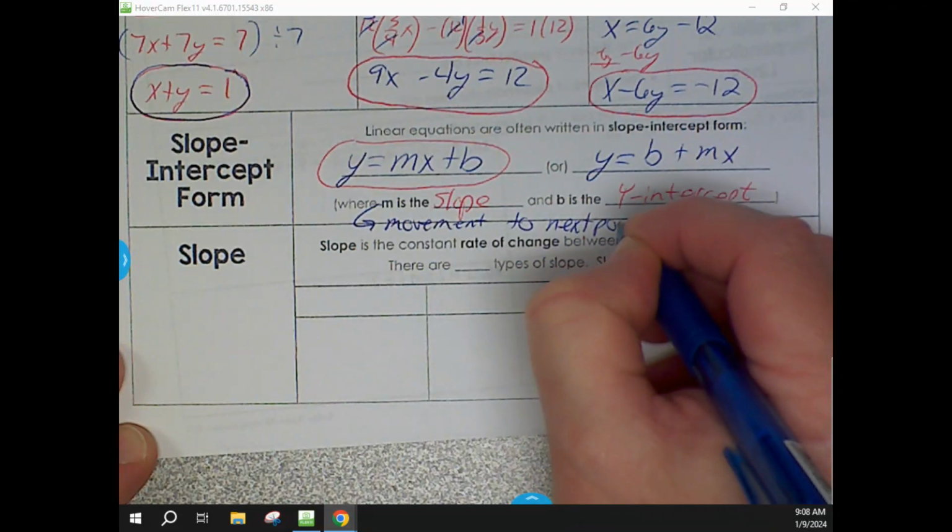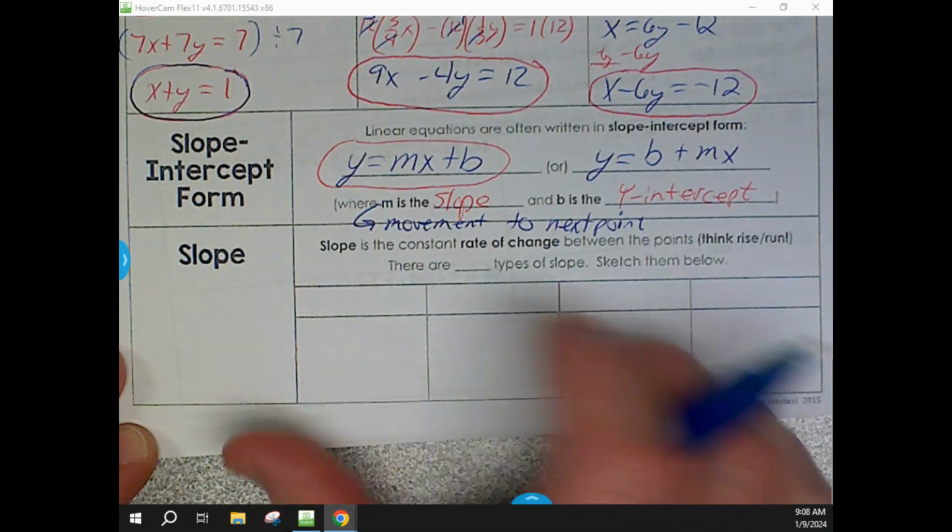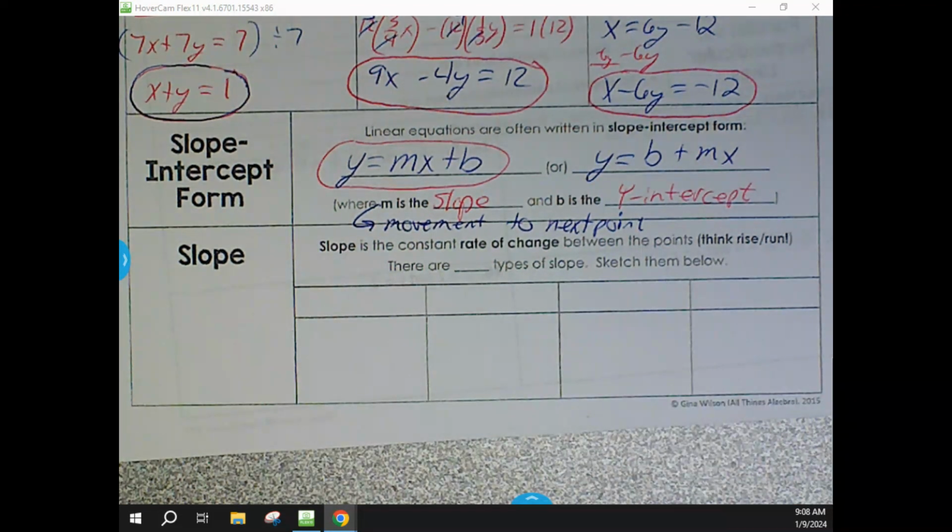Why is slope m, why is slope not s, because slope starts with s? Well, it probably goes back to it not being an American thing to start with. So m probably came from whatever the original interpretation was. But in my mind, I just think, okay, m is how much you move to the next point. It's your up 3 and over 5 or down 4 and over 6, whatever you're going to do.